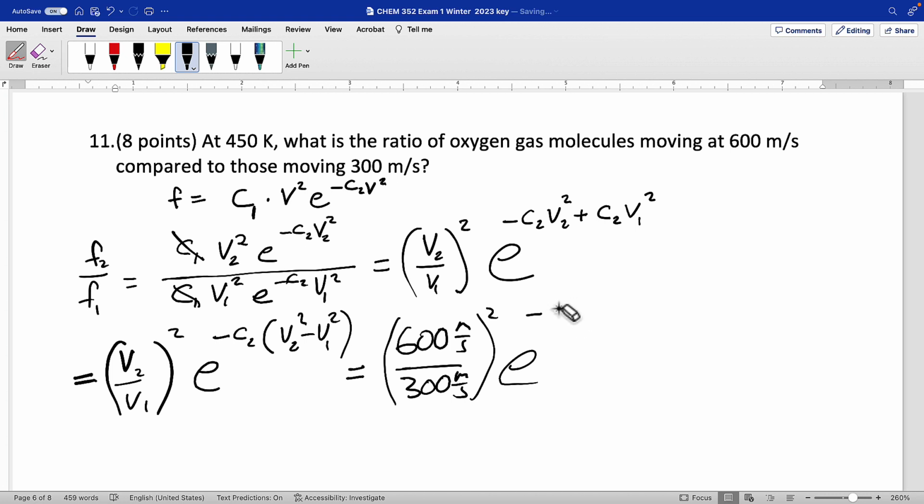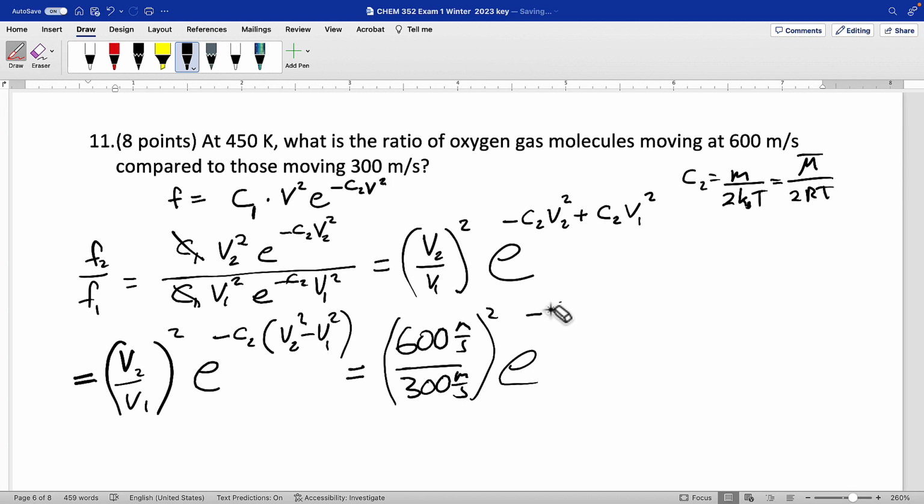So we had the mass of an oxygen molecule, mass divided by 2kT. Or we could just as well say it's equal to the molar mass divided by 2RT. Either one of those are fine. I think molar mass is nice because then you don't have to do any kind of conversion. So I'm going to use molar mass.